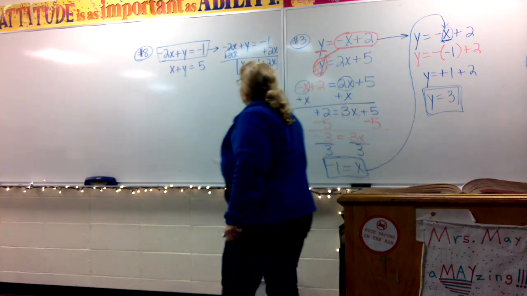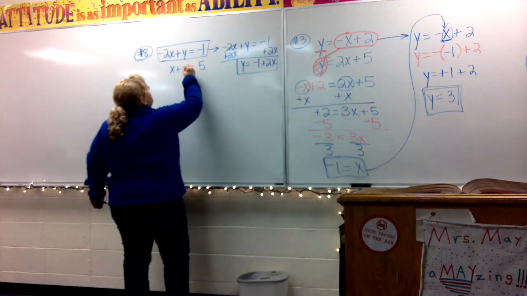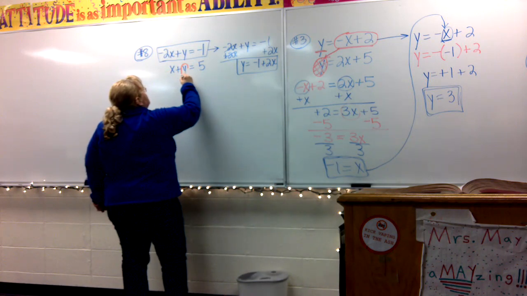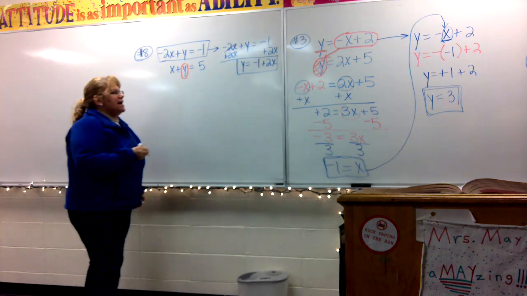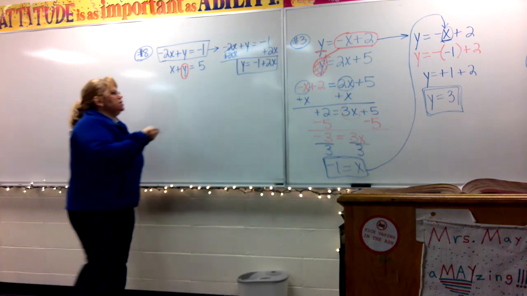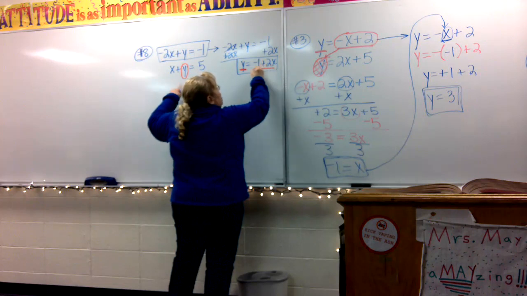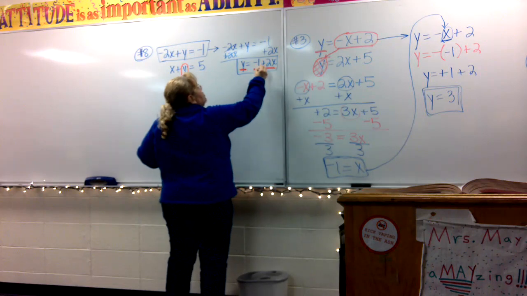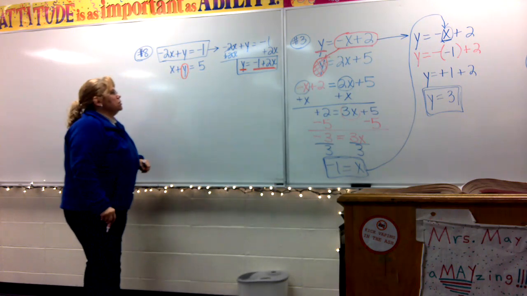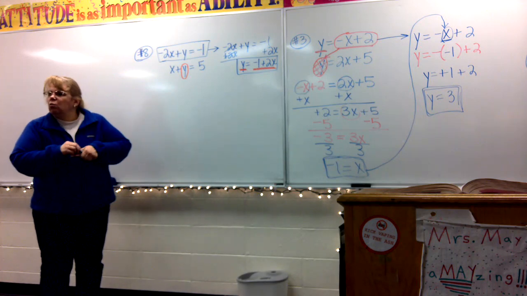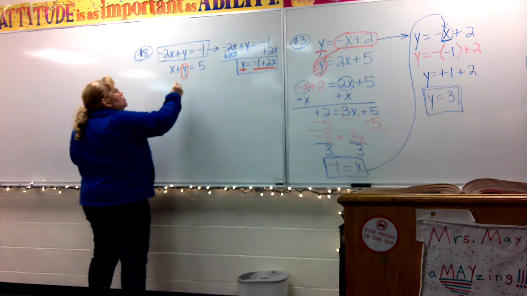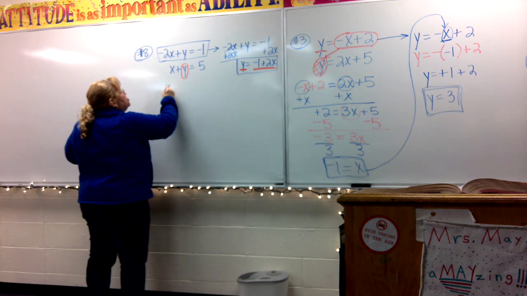So over here in the other equation that we didn't use yet, you see that y right there? We're going to replace the y with what y is equivalent to.